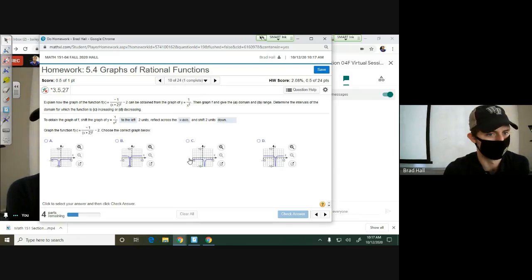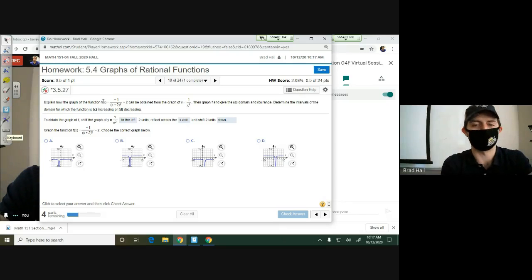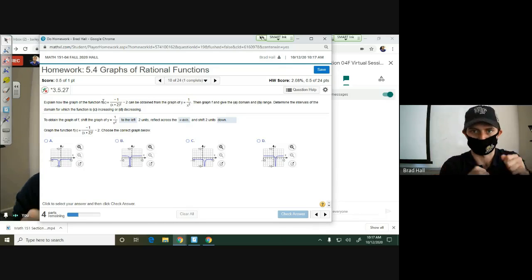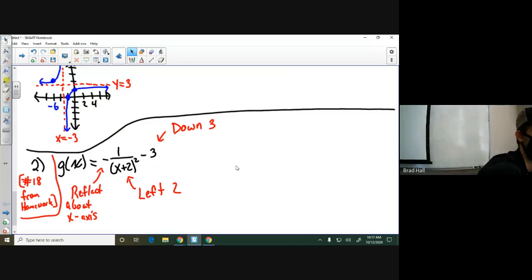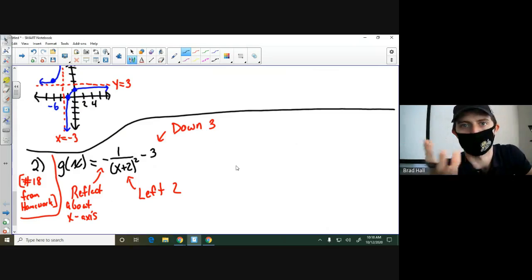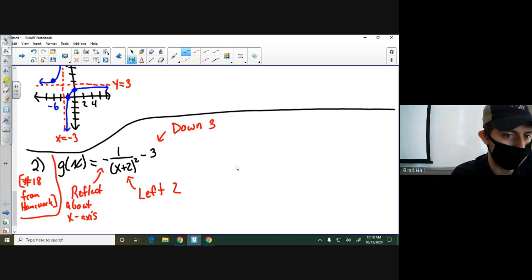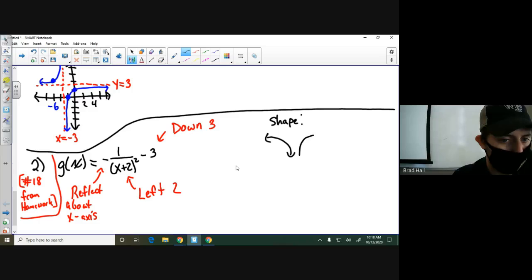Okay. All right, so all of these graphs tell us the shapes. We can all see that it's just one shape, it's just shifted in various ways. So if anything, we know that the shape, just from process of elimination, or not even that, just from the consistency of all the options, is something like this.